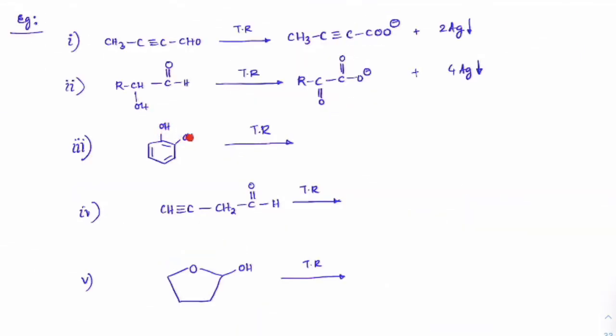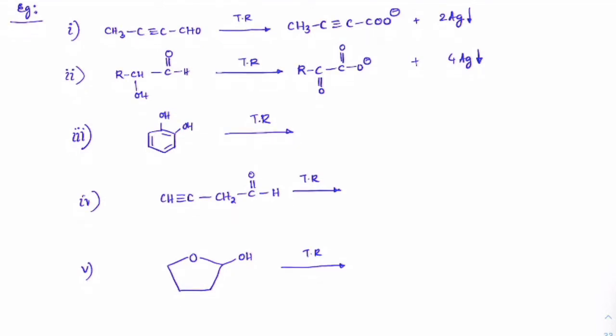Next, if you see polyhydroxy phenols, polyhydric phenols, here if the groups are at ortho and para positions, we can actually show them as if they are ketones only, like this. So these are ketones only.